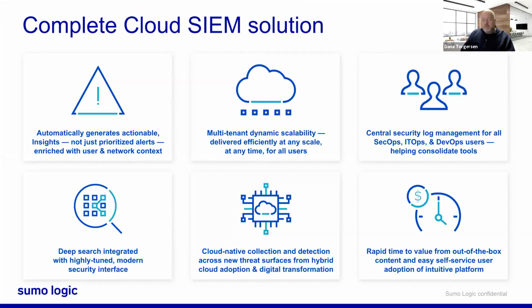Lower right-hand corner here, speaking to the rapid time to value with the out-of-the-box content that we offer and this self-serve, easy to use, intuitive platform that helps you get up and running quickly. And we don't charge for the number of users that you want to have using the data. We make it very easy with training and certification courses that are available both online and on site.